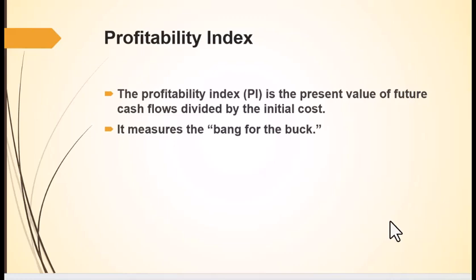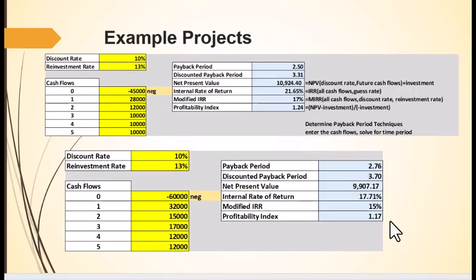So this looks at the present value of the benefits that the company gets, and divides that by the initial cost. If this gives us a value greater than 1, it implies there are more benefits than costs. In this case, 1.24 is the profitability index for A, and 1.17 is for B. Both are greater than 1, and of course, A is better than B.